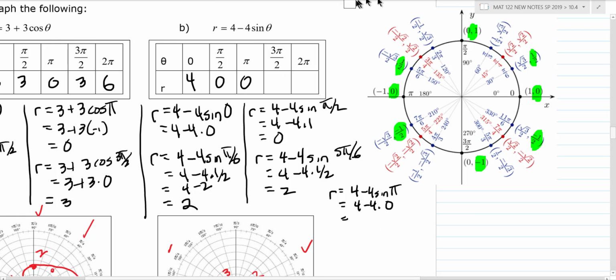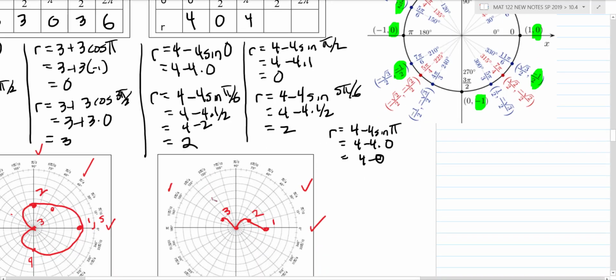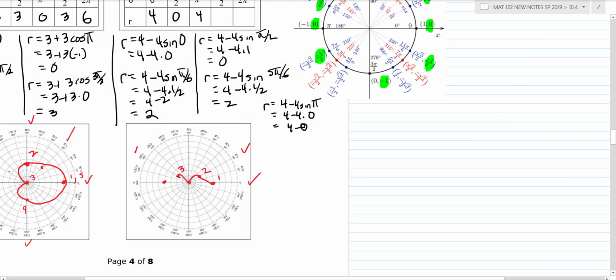I knew I did something wrong. So that's 4 minus 0, so that's 4. I think I'm thinking ahead there. So that's 4. Then it goes like that. So that point would be at pi, you would be out to the 1, 2, 3, 4th ring like that. And you can see how the cardioid dimples around that like that.